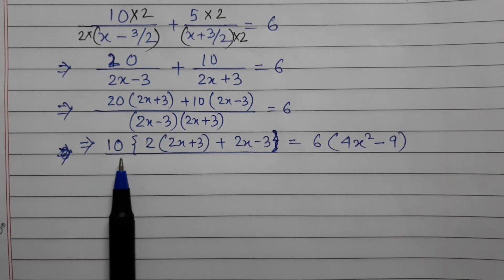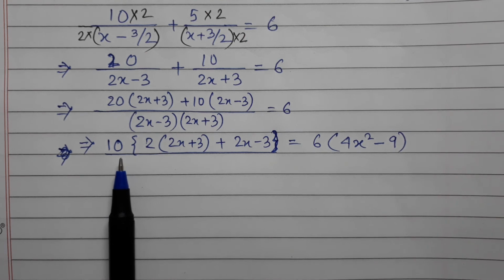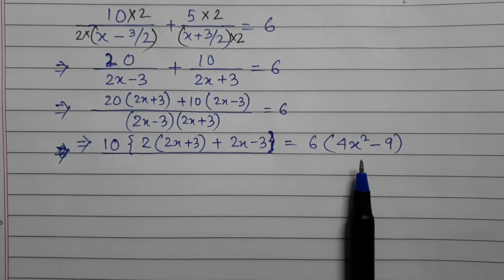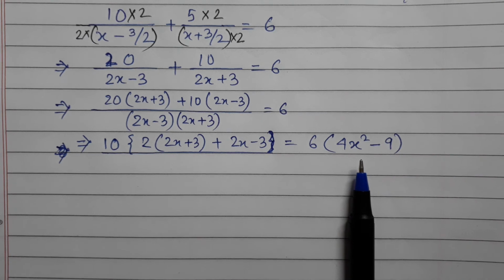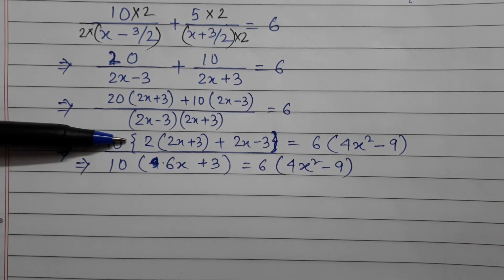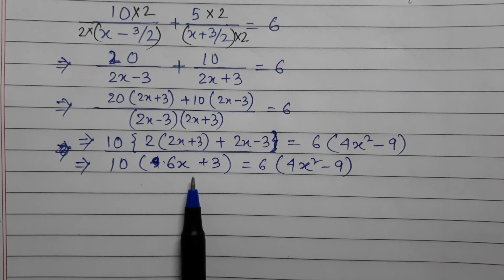Now in this step we have taken 10 common and took this denominator to the right hand side and multiplied with 6. Since the multiplication was in the form of a plus b into a minus b, we have applied the formula. Now if I simplify this term, we get 6x plus 3.